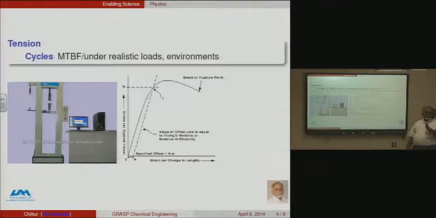And just a quick run through some of the simple testing things that you might have heard about, and our students actually do as part of their materials lab. Tension, how do we test tensile properties? Well, we have machines like this that put a material between, almost like a vise, and pull them and ask the question, at what point does it actually break?